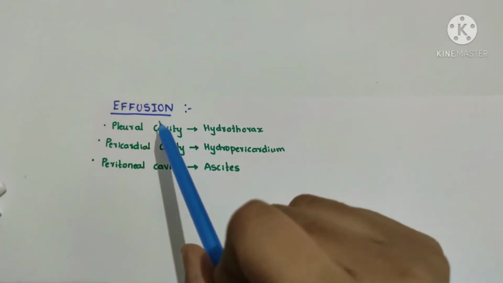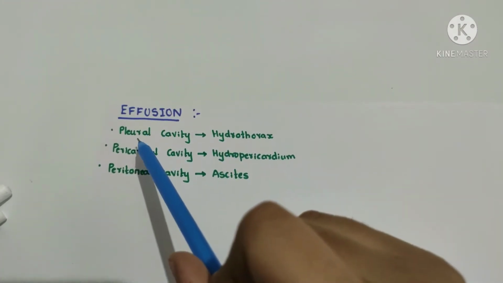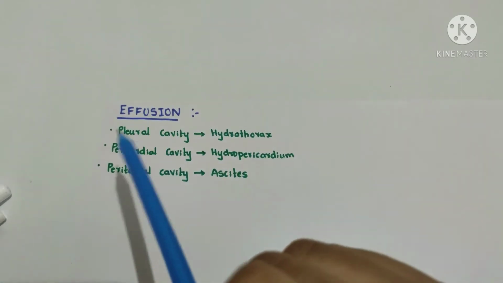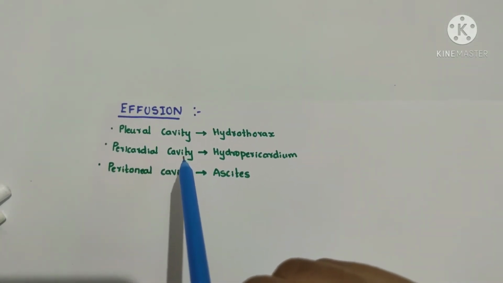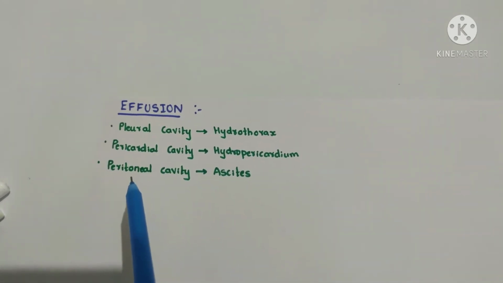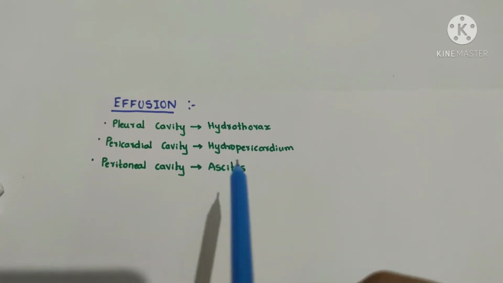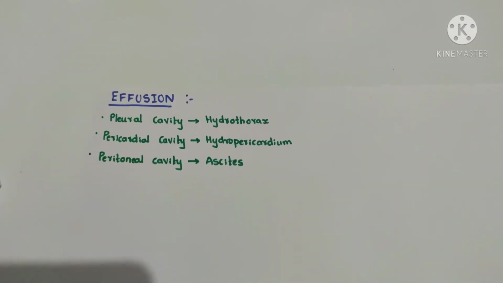When it is related to the pleural cavity, it is known as hydrothorax, as lungs are present in the thorax region. When the pericardial cavity is involved, it is known as hydropericardium. And when edema is in the peritoneal cavity, it is known as hydroperitoneum or ascites.